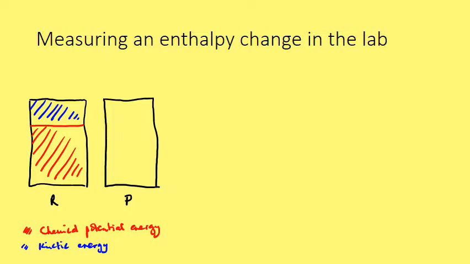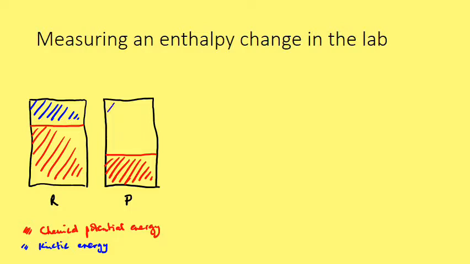What happens is we have a reaction, and it might be a formation reaction, a combustion reaction, or a reaction in solution. We've said it's an exothermic reaction, so there is less chemical potential energy in the bonds of the products compared to the reactants. We've represented that change by a smaller red part of the box. But the total energy is the same.